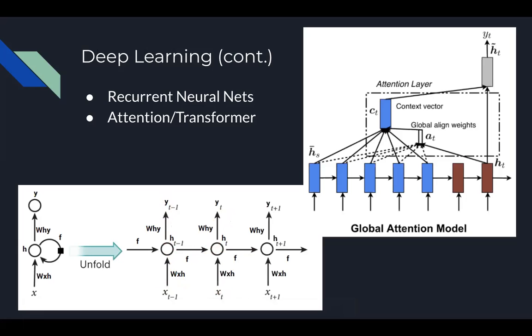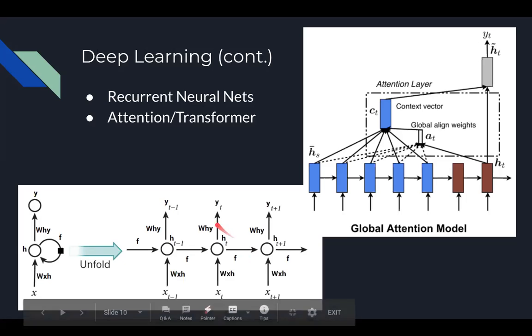So recurrent neural nets are really useful in contexts where you don't know how long your data is, or you're dealing with temporal sequences. So let's say you want to predict stock prices. RNNs are actually really bad at predicting stock prices, but it's a good example. You can feed in the value for each day, right? The stock price for each day.